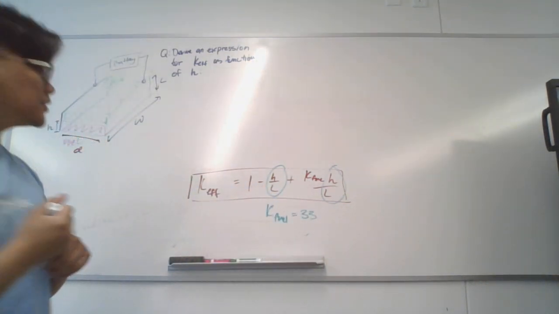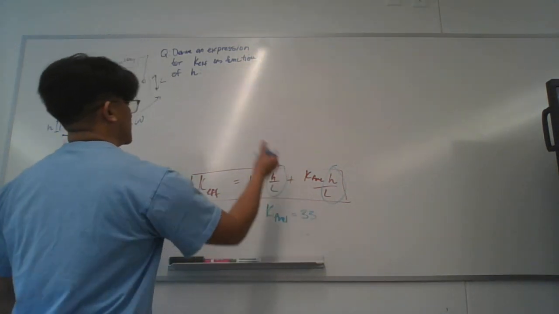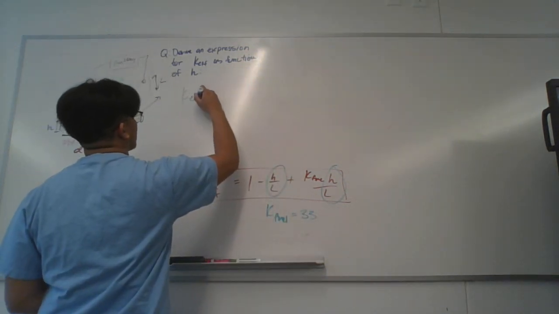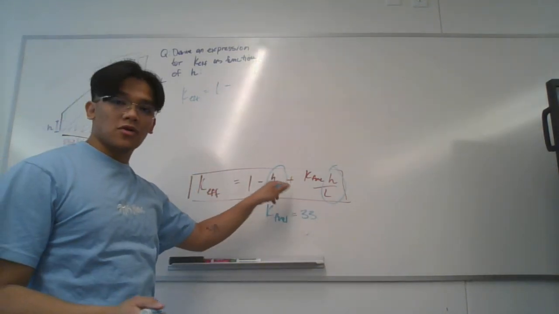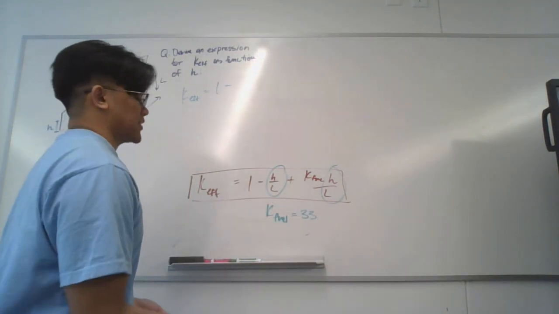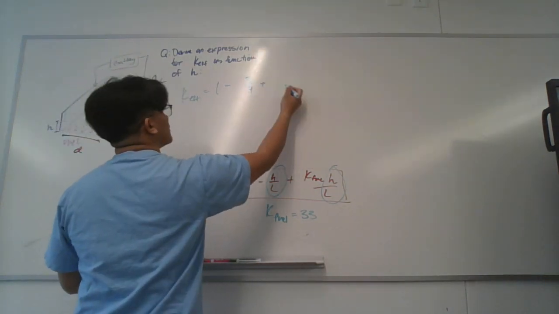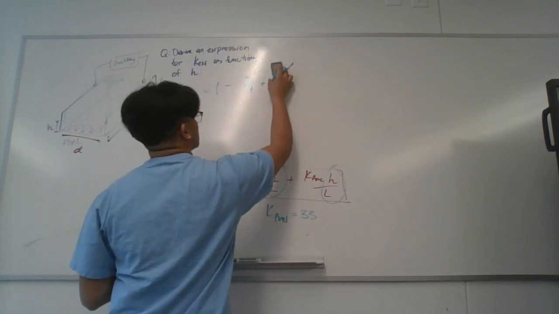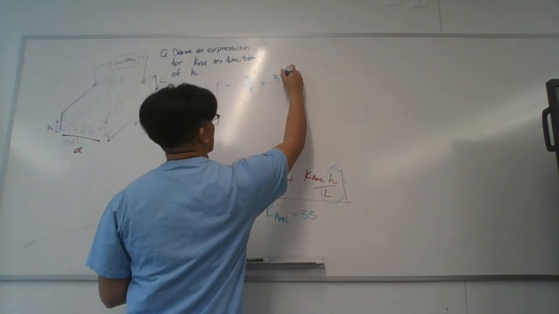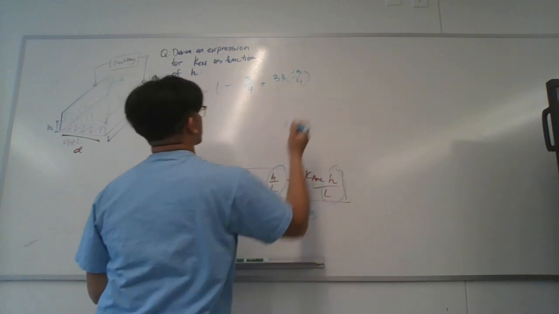Let's just do this real quick. K effective is equal to 1 minus 3/4, and you can do 3/4 or just 0.75, but I like doing the 3/4, plus K fuel, which is 33, times 3/4 as well.